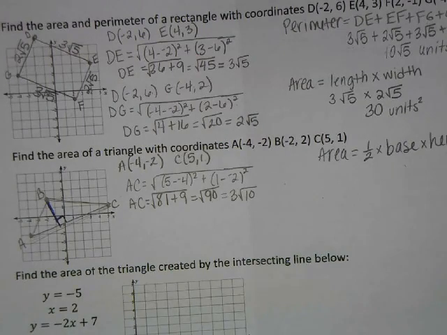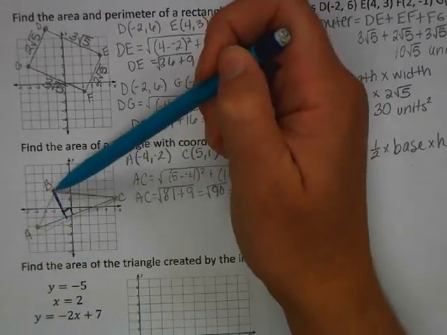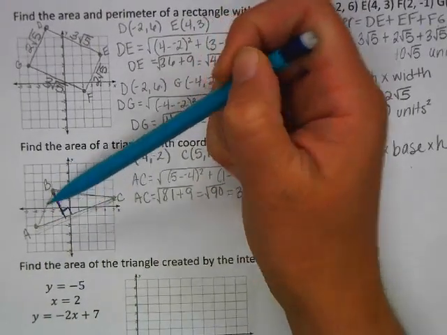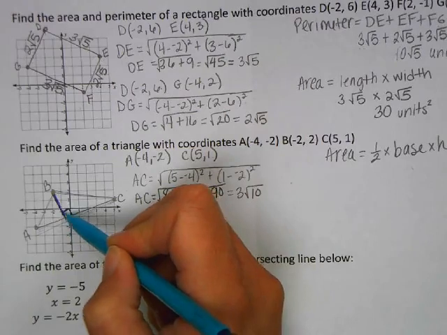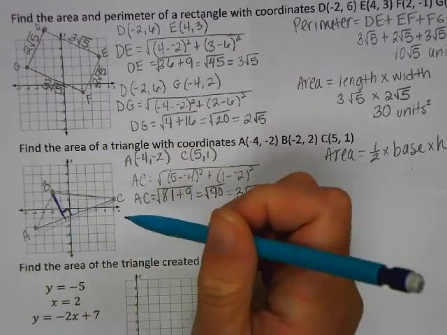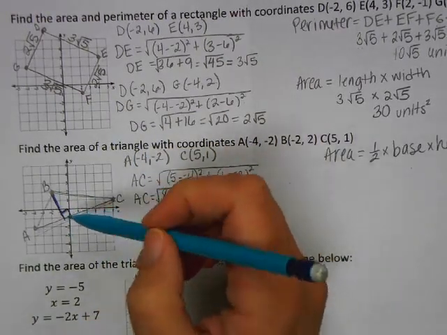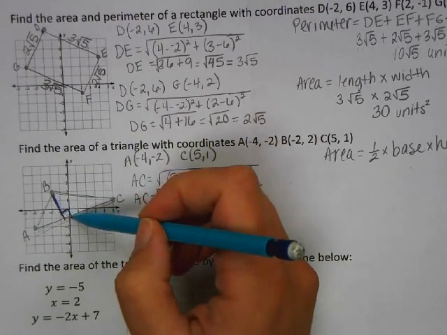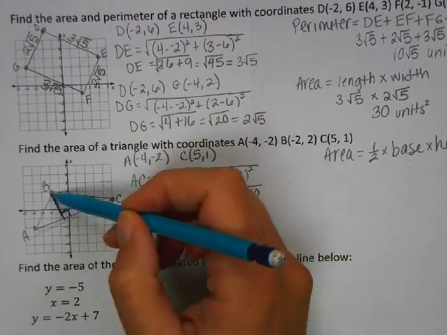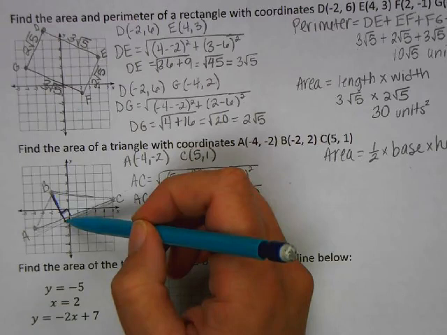So we know the base is 3 root 10. Now we have to calculate what the height is. So you have to remember back from algebra that if you have perpendicular lines, then the slopes should be opposite reciprocals.